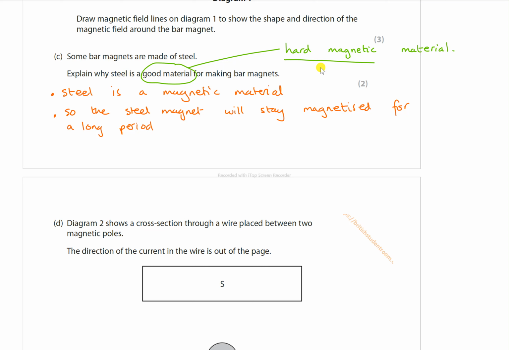So it's a hard magnetic material. That's it. Done.